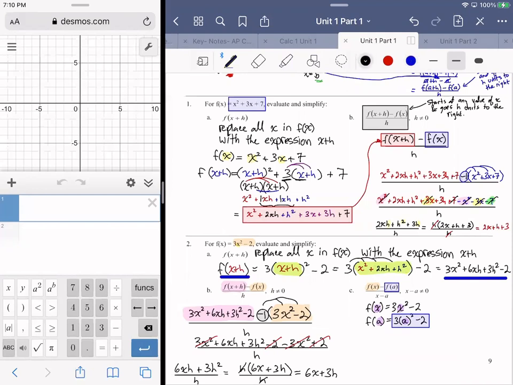I'm going to replace f of x with this, and I'm going to replace f of a with this.